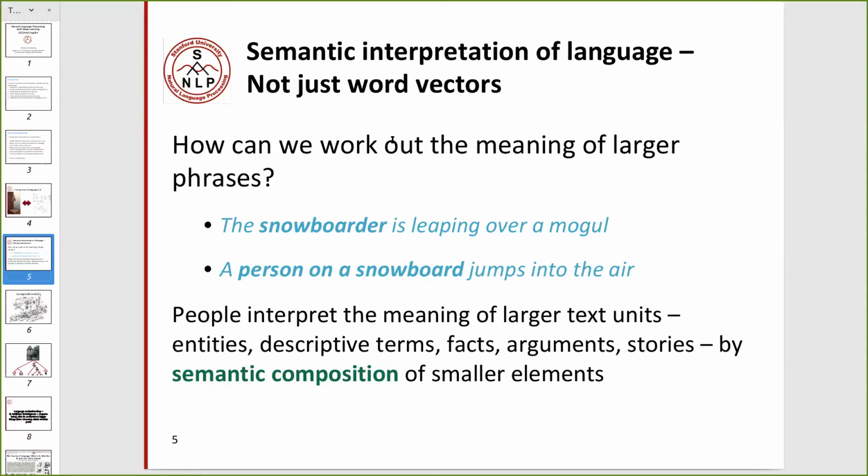Like a person, okay, we know we're talking about some person on a snowboard. Okay, so there is a snowboard here, and there's an action which is jumping into the air. So that's how we make sense of this whole sentence, by doing something called semantic composition of smaller elements. So we're talking about compositionality here.